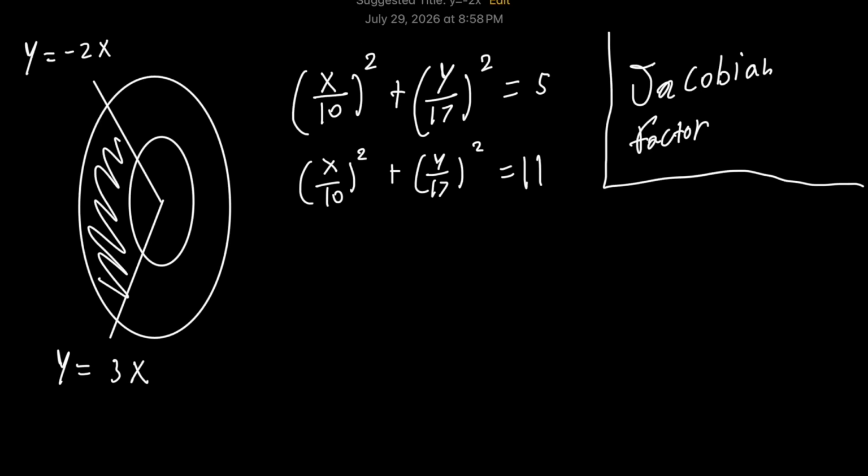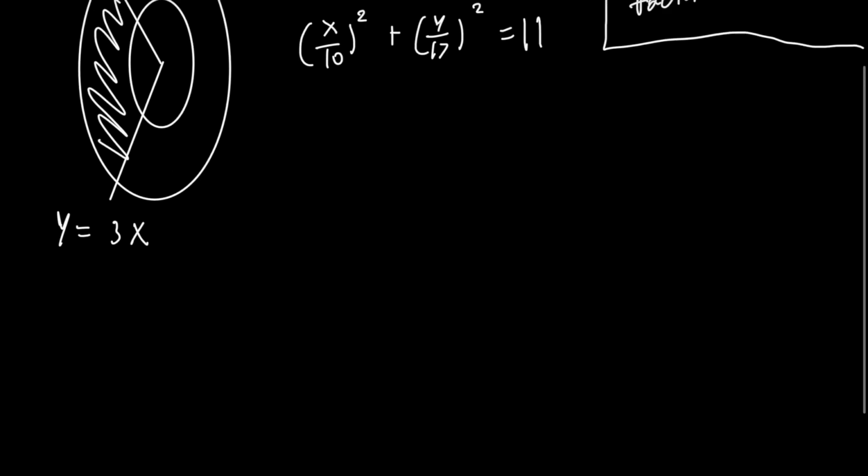So let's go back to my question. My question is this: what is the Jacobian factor?